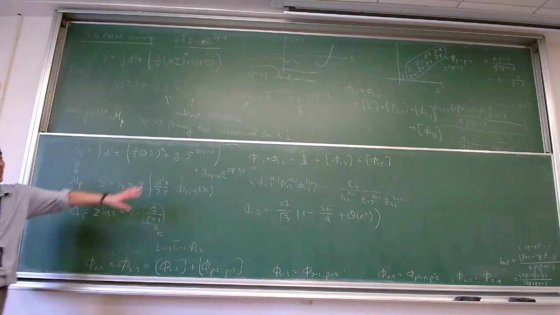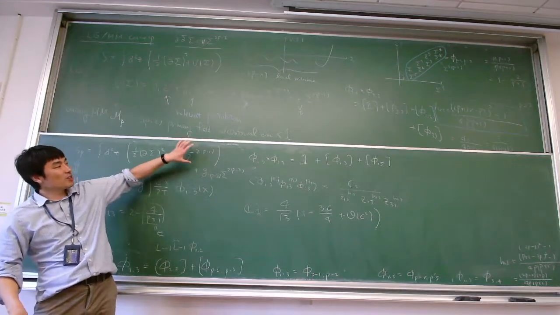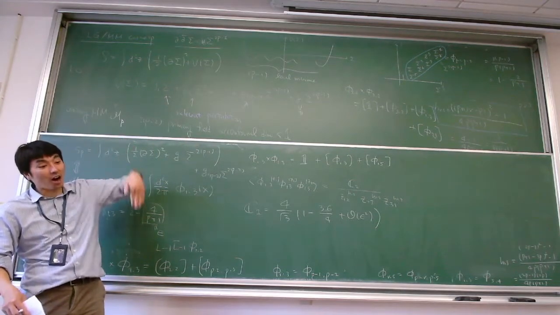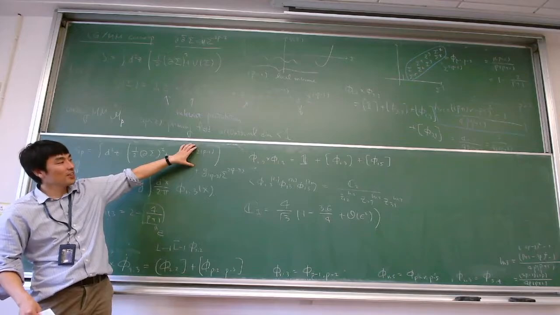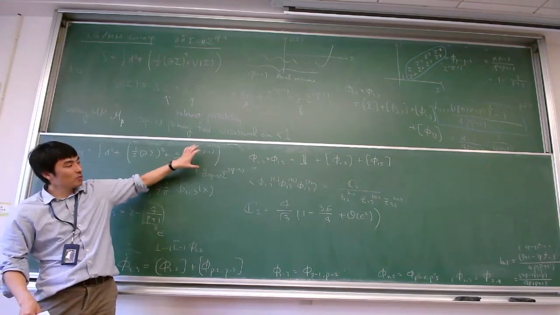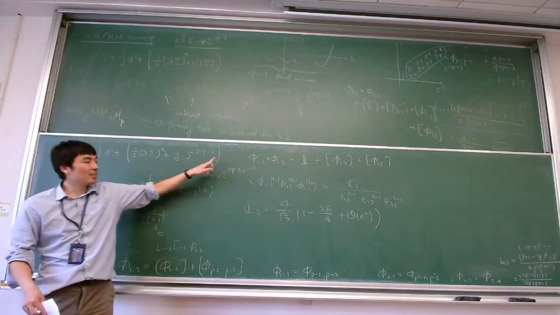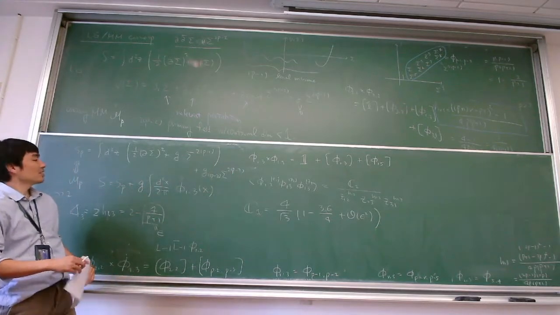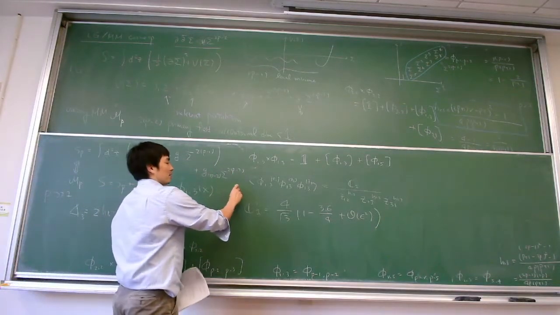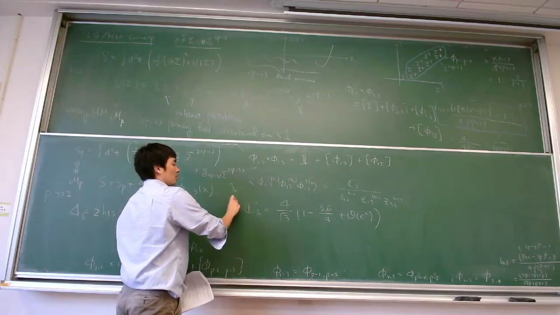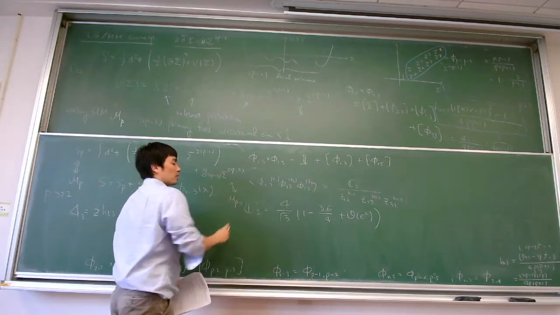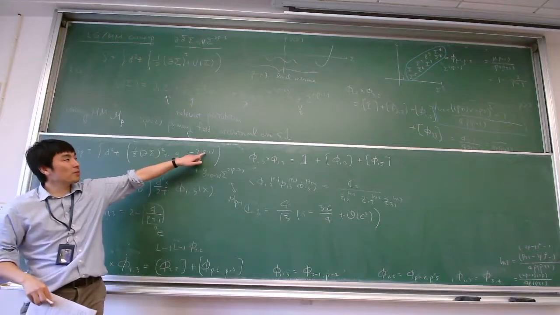So if you add this term, under RG flow the original term becomes irrelevant, and what dominates is this guy. So this corresponds to the minimal model with p minus 1 changed to p minus 2.